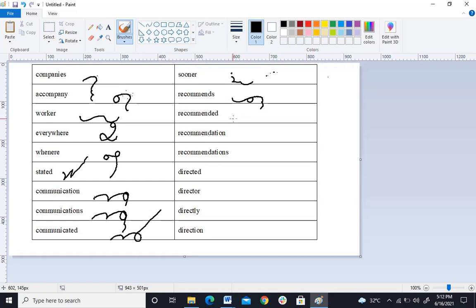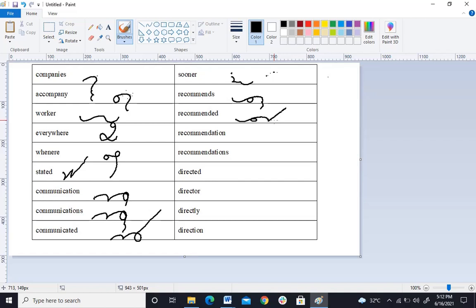Next, recommended. Recommended. Ulitin natin. Recommended. So, hindi siya yung TED ha, D lang ito na regular. Kasi nga, yung recommend natin, meron na siyang D doon. Kasali na sa rec, yung recommend.